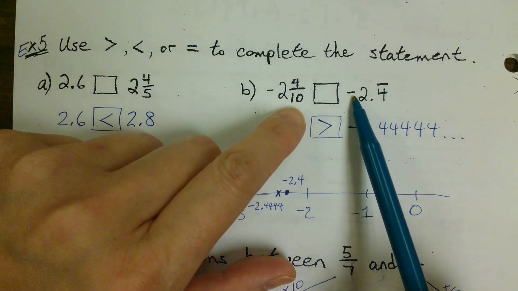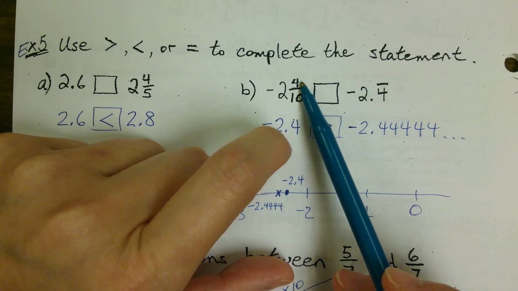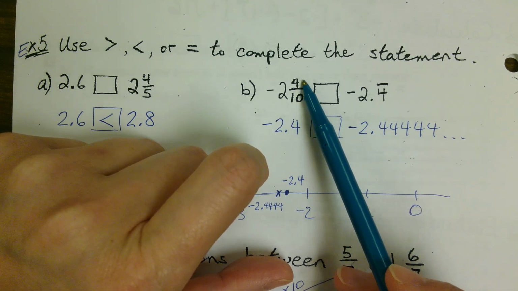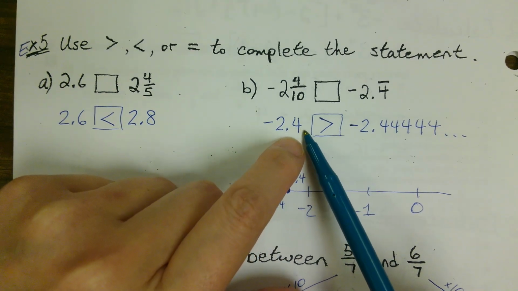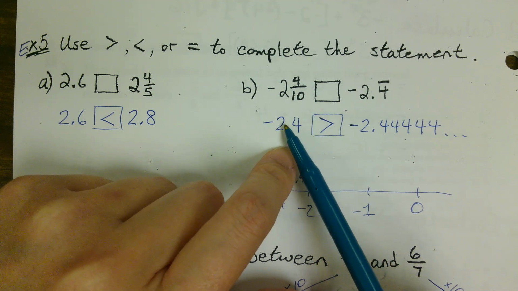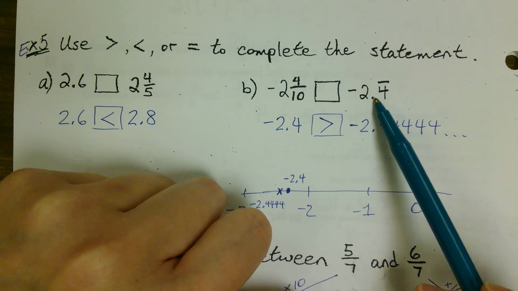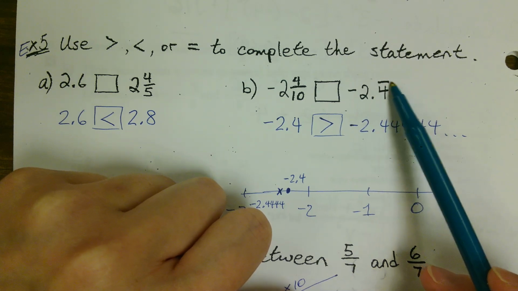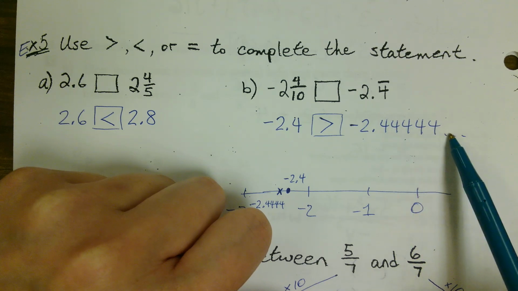For this side right here, notice here you have 4 over 10. So when you do 4 divided by 10, you have 0.4. And so altogether, you get negative 2.4. On this side, negative 2.4 with that line on top means that it goes on forever. So it's negative 2.444444.